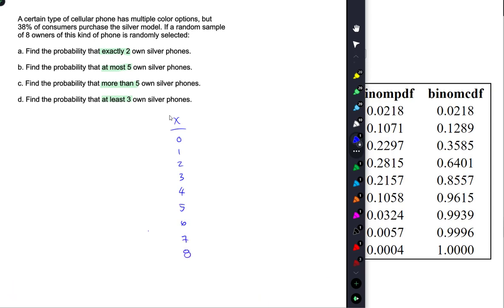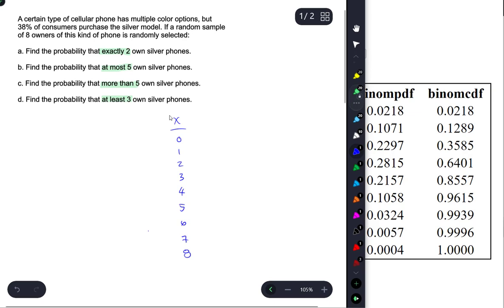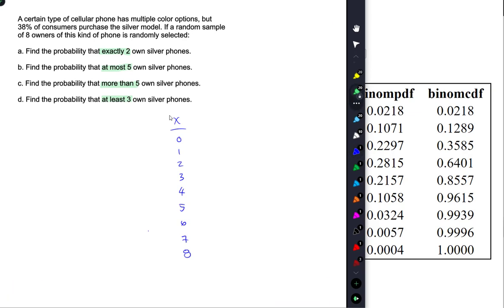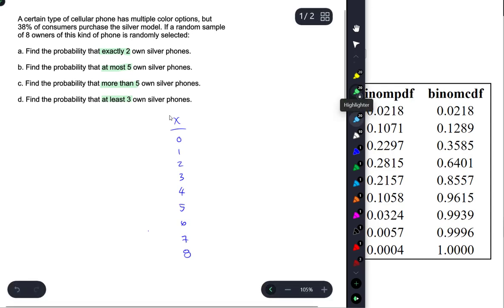Now, if I use binomial CDF with 3 as my input, well, I tell you what, let me do it this way. So I know what I would like to come up with for at least 3 would be 3 or more. So I want the sum of these probabilities from binomial PDF. But binomial CDF could only do, for instance, the sum of these for me.